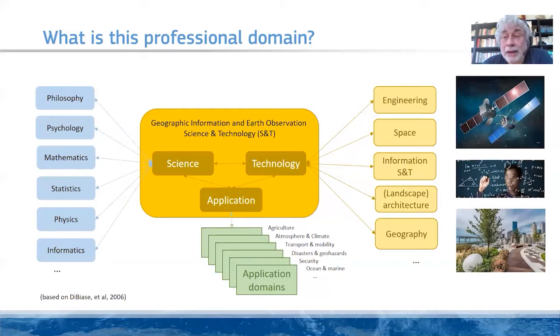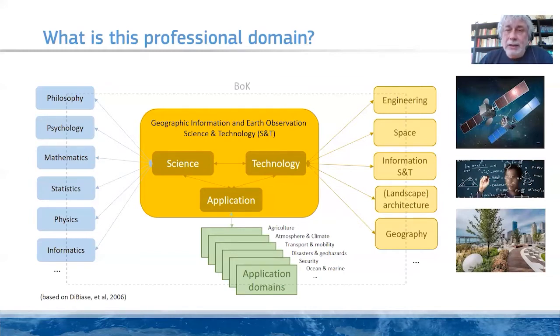And also cross-domain application domains like agro-environment, for example, or smart cities, which is a mixture of different domains, are more and more important. Now, the question is, what does that mean for the BoK? So do we cover with the BoK the geographic information and Earth observation science and technology in a narrow sense, or do we look at it a little bit broader?